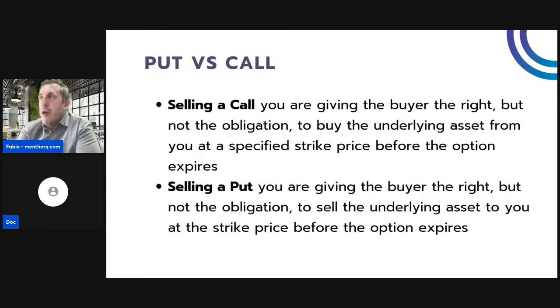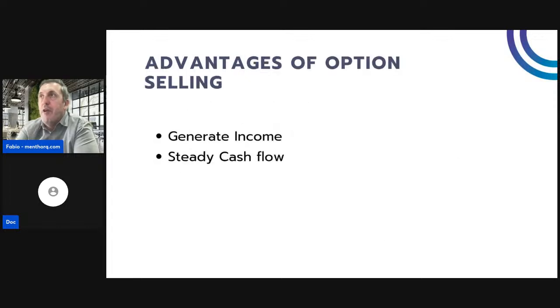If you sell a call, you're giving the buyer the right, but not the obligation, to buy the underlying asset from you at a specified strike price. If you sell a put, you're giving the buyer the right, but not the obligation, to sell the underlying to you at a strike price before the option expires.